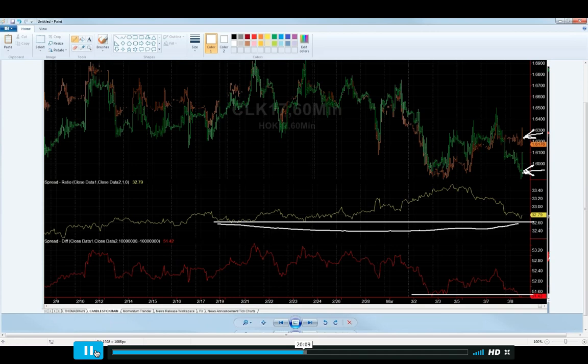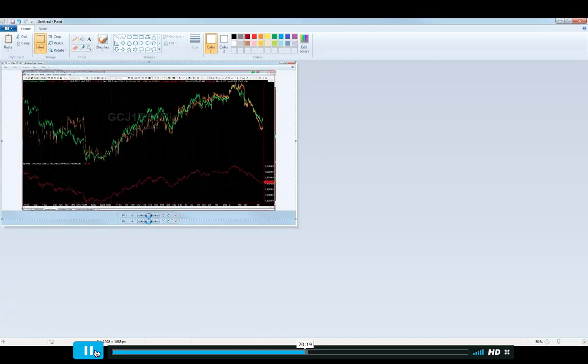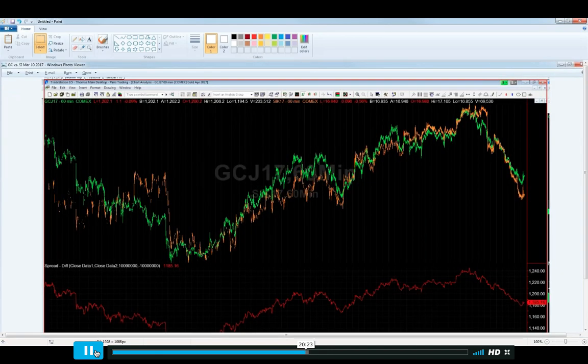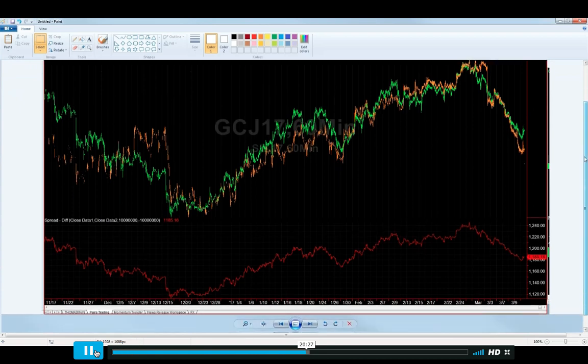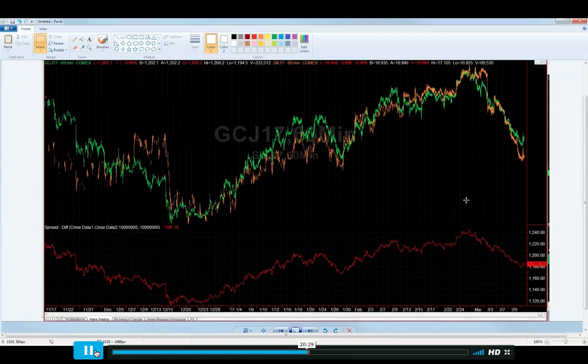The next one is a gold-silver pair, and it was short gold, long silver. Ended up taking out a little over $300 per pair.